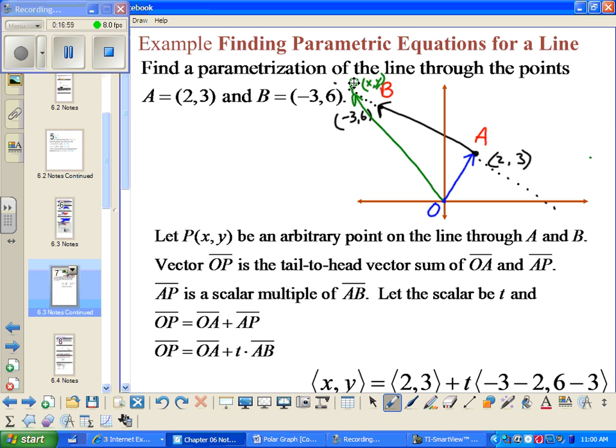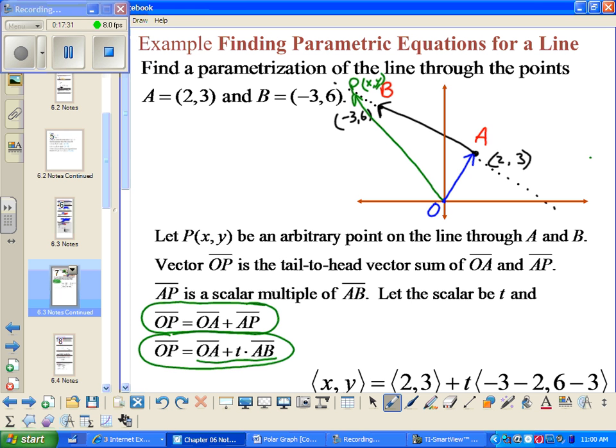And all of these we're talking vectors. Let the scalar be t, some number t, so it's a variable to us right now. If we do that, we get vector OP equals vector OA plus vector AP, which is the same as vector OA plus some scalar t times vector AB.